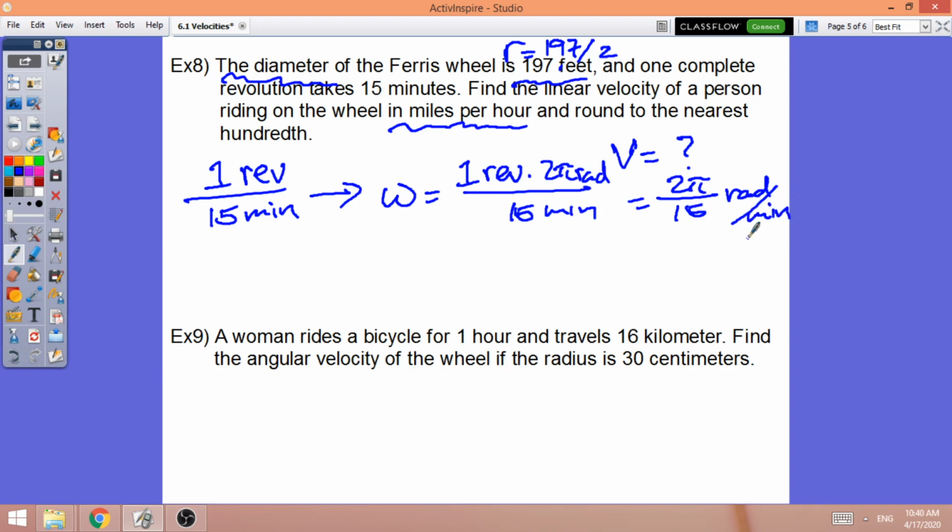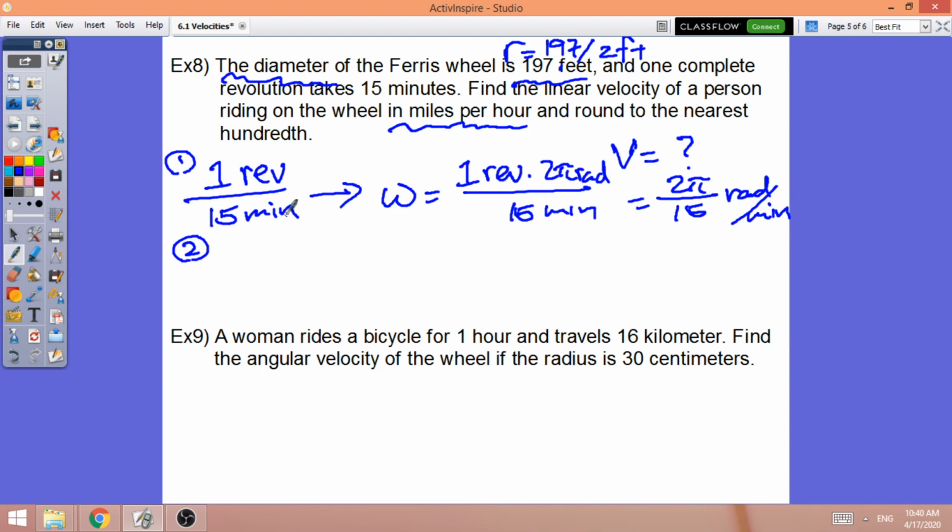Now, the thing is that this one is just radians per minute. So we need to convert that to radians per hour. Okay? And also, the radius, oh, here's step 1. So we just convert that revolution per minute to radians per minute. The next step, you want to convert the radius from feet to miles.